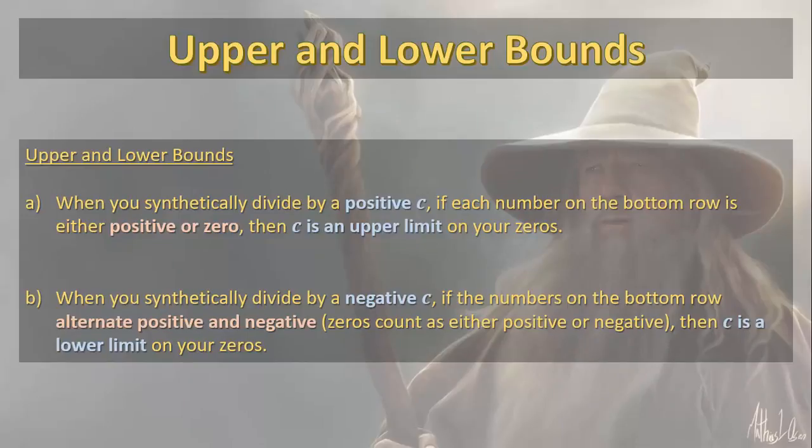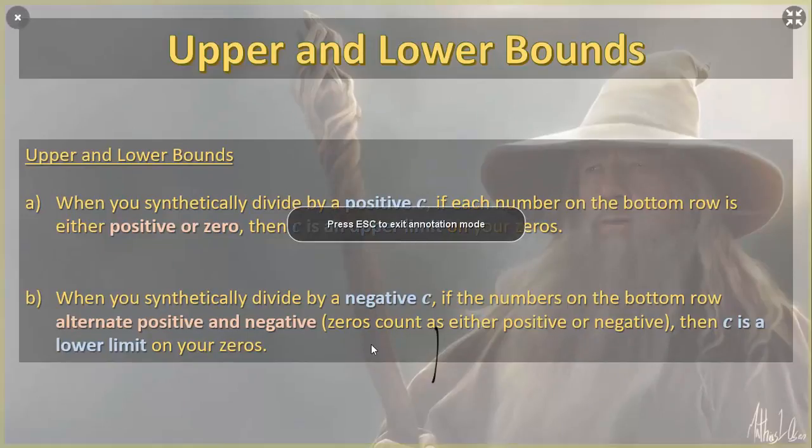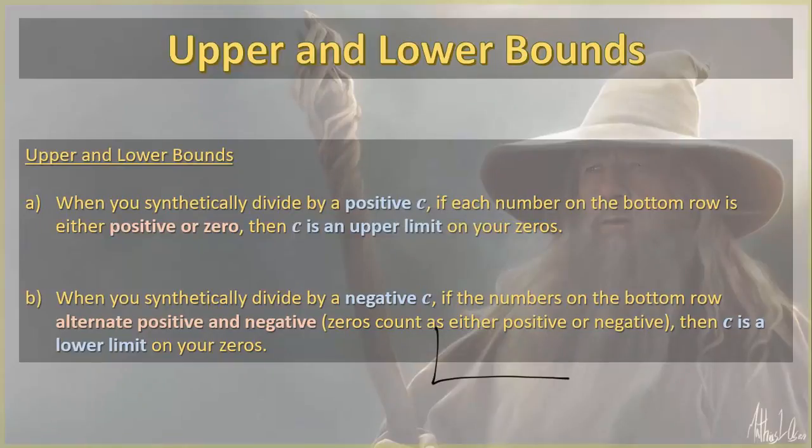All right, let me explain this first. So we go through and we synthetically divide. Say I use the number 2. And I'm just going to make numbers up. I don't know. 3, -1, 6, 8. Okay? I go through and I synthetically divide this.